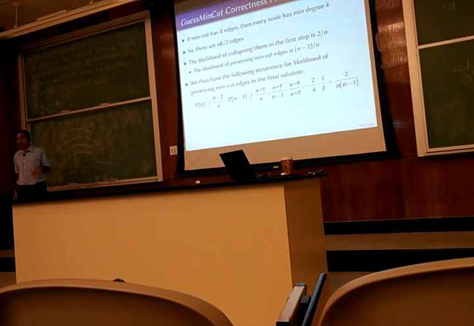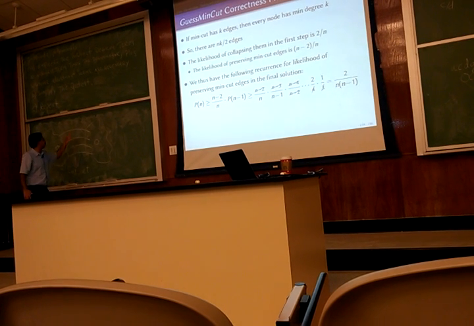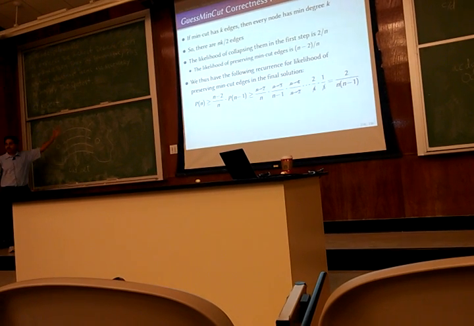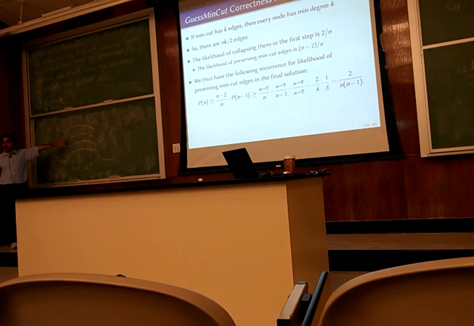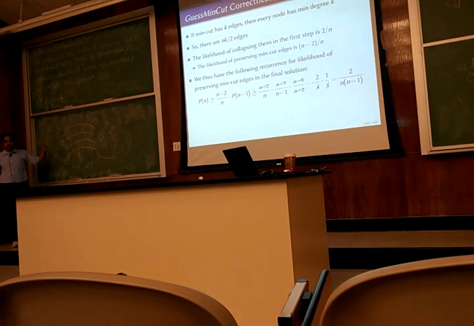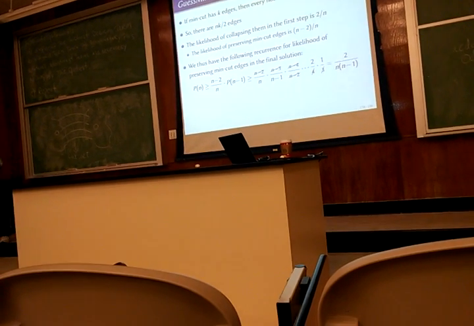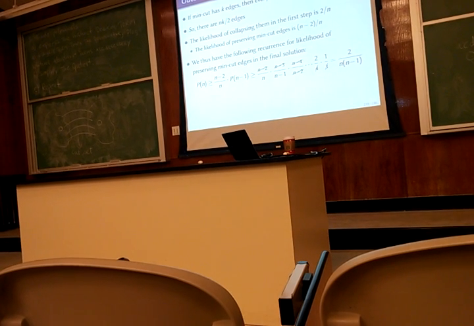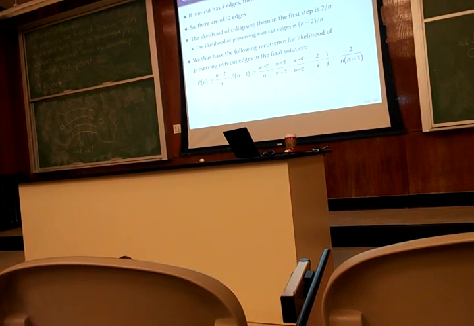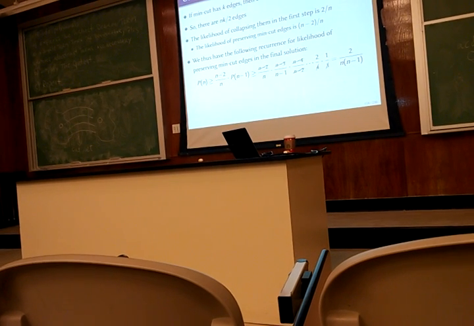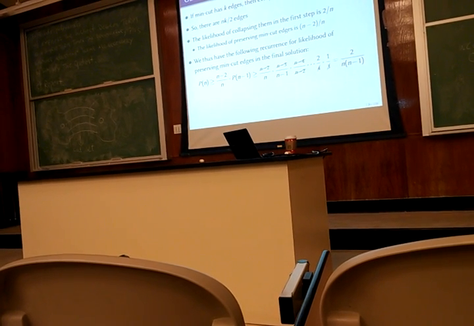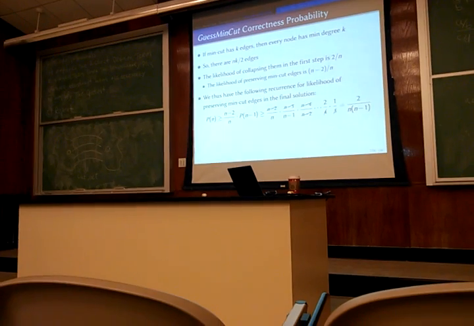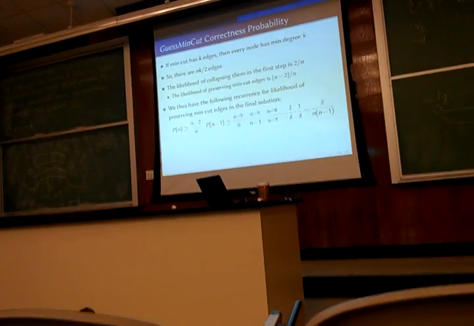I no longer have the min cut anymore. So I need to make sure that I leave out the edges that belong to the min cut, and then I can probabilistically analyze, if I pick edges at random, what's the likelihood I would end up picking one of the min-cut edges. What this argument says is that at the beginning there are so many edges that the chances of picking a min-cut edge are relatively small, basically 2 by n.